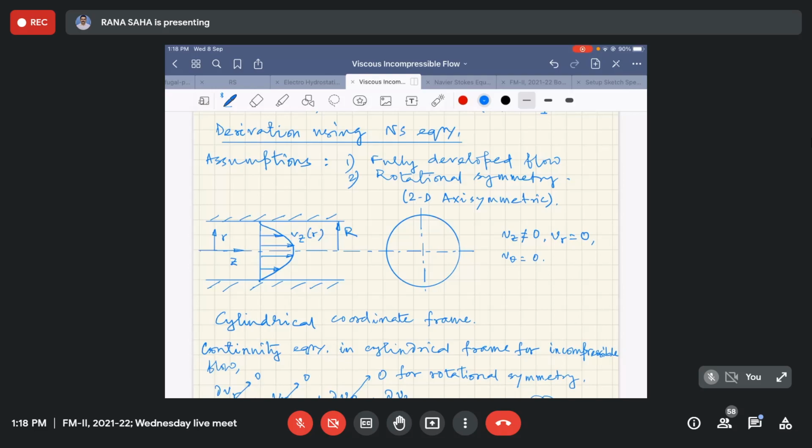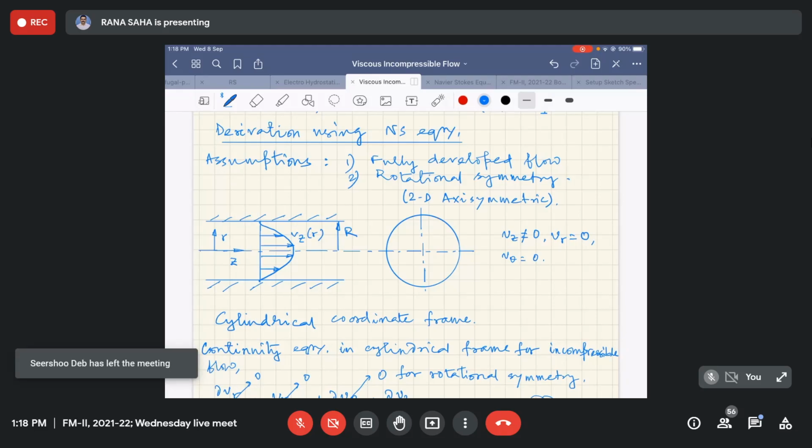Because of that, in our fluid mechanics 2 course, we will be using both approaches. Sometimes we will apply the Navier-Stokes equation directly. And at times we will also use the control volume approach because that will be more convenient.